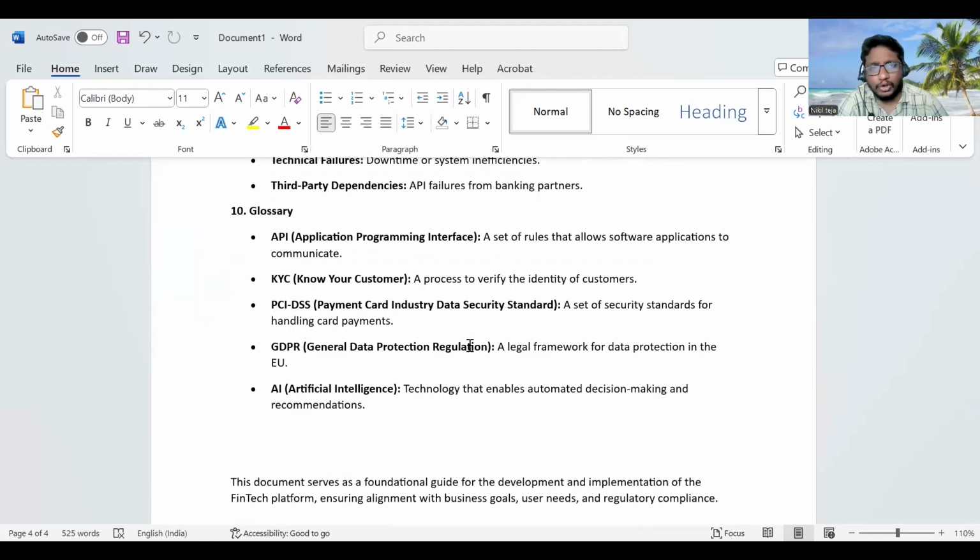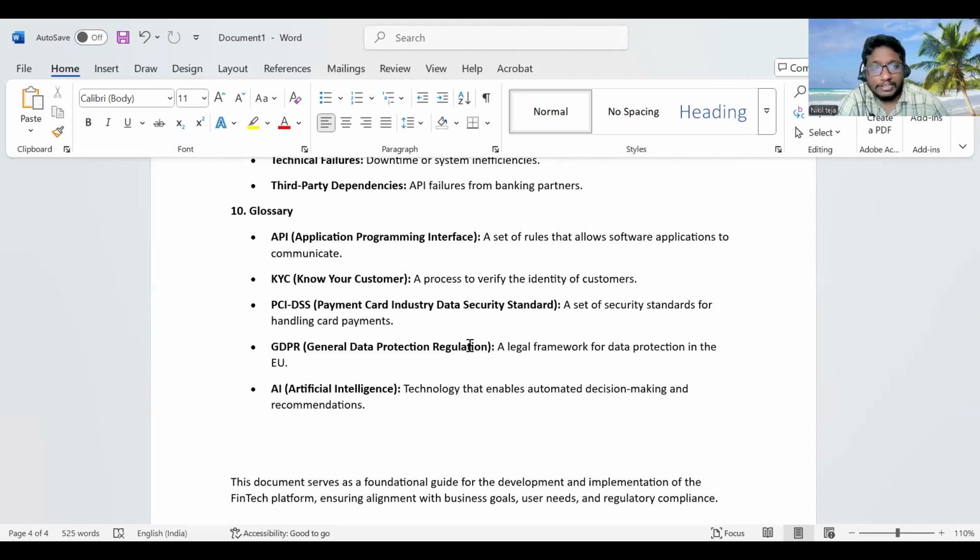Next we will come to the glossary, right? Glossary is nothing but, if there are any abbreviations in the BRD, the glossary gives the full forms of those abbreviations. For example, I have mentioned API, which is application programming interface, a set of rules that allows software applications to communicate.